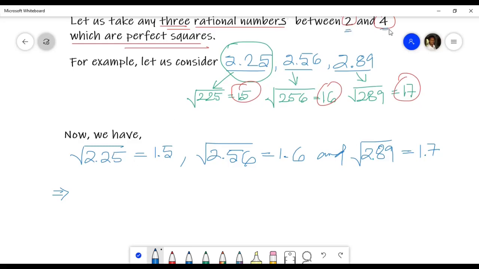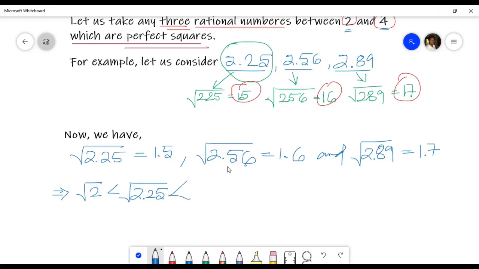So now let us write down these numbers which are between 2 and 4. We have to find three numbers between root 2 and root 4. So we have already found these three numbers, but we still have to simplify it further. I'm just writing it down for you.